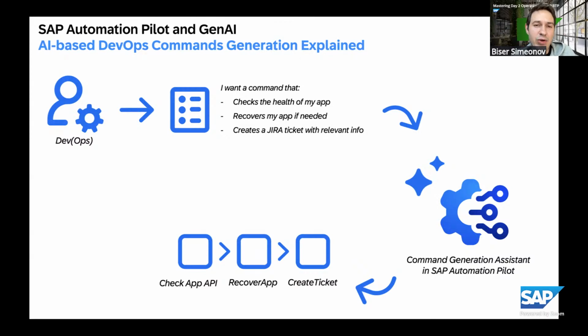All right. And also a disclaimer here: that feature is available for the standard plan of the automation pilot. And the standard plan is not free, so you need to have the needed licensing. You need an enterprise BTP global account and license, and then you can purchase the SAP Automation Pilot standard plan.